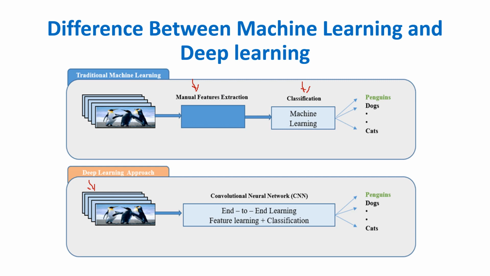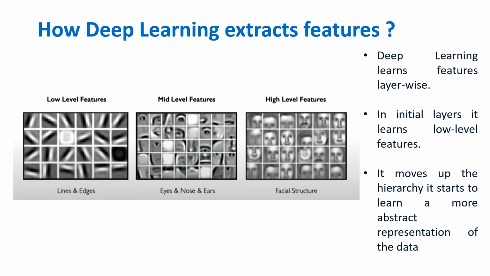You give a bunch of animal pictures and you're classifying them with their names, so penguins or dogs or cats or whatsoever. In this case, you have to specify the features. If you have text, then you have to specify the features, hand code the features. You need expertise. Whereas in deep learning, it's the other way around. It's end-to-end. You can build end-to-end models. You just need to feed the data, and the network takes care of understanding the patterns or the features on its own, and the job is done. So this is the difference between machine learning and deep learning.